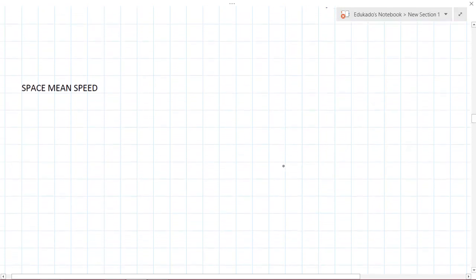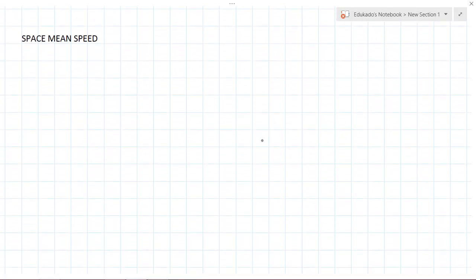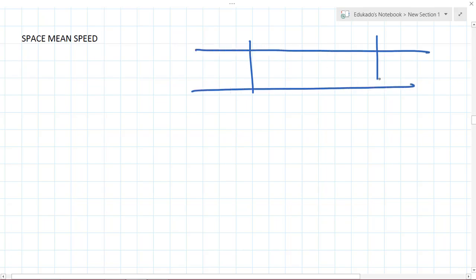Now let's come to the space mean speed. The space mean speed is the average speed of the vehicles in a given section. If this is a road, the vehicles are going in this direction, and this is a section of 1 kilometer, a unit distance. So we take the vehicles going through it and their average speed.